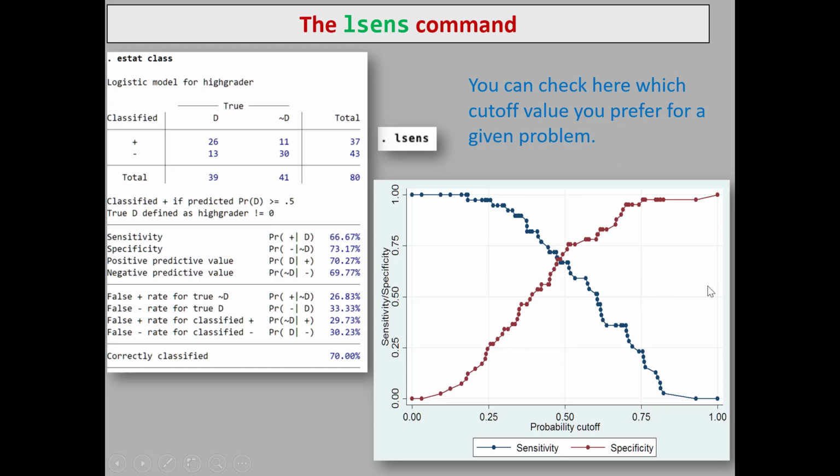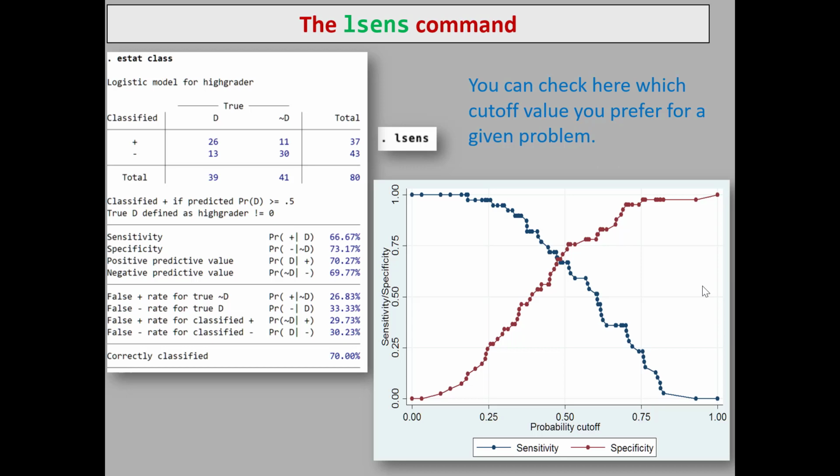So if it would be the case, we don't have that now, but here that the red line is increasing over there and the blue line is relatively flat over there, then increasing the cutoff value a little bit to the right makes it better in terms of specificity, and so in that sense it is useful to look at this graph in the hope that you can find where the sensitivity and specificity values get better for you, depending on the kind of topic that you're considering.